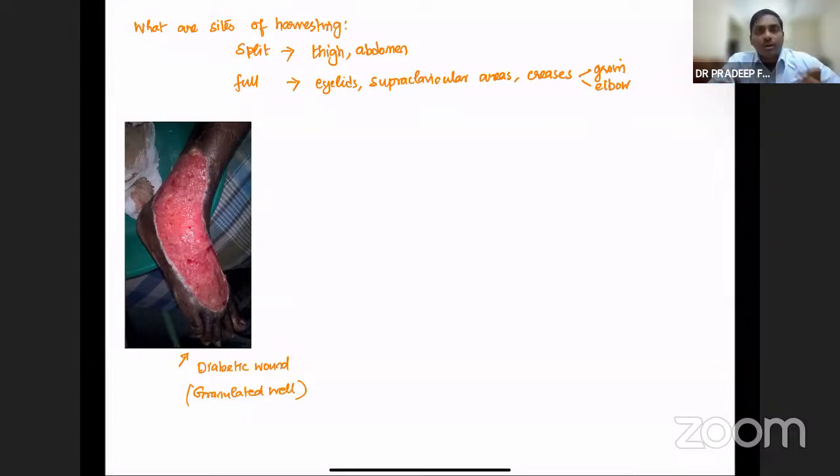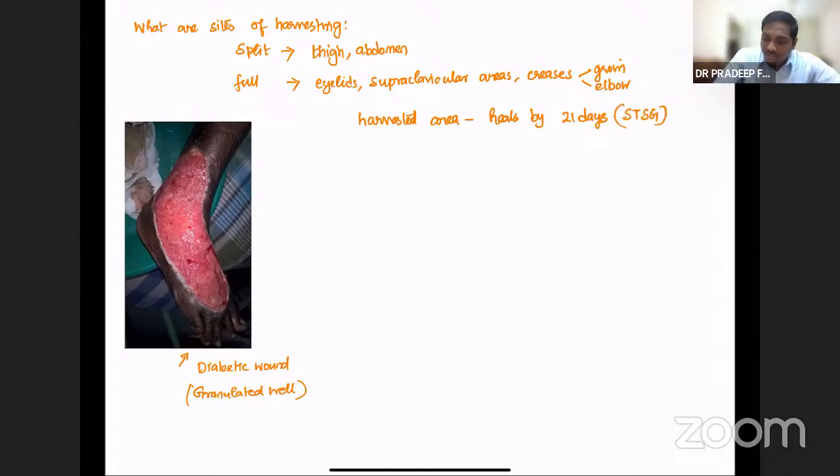Following the harvest of a split thickness skin graft, the donor area need not be closed, because we are only harvesting a part of the dermis. The remaining dermis will have the regenerating epidermal cells that cause closure of the area. So the harvested area heals by 21 days in the case of split thickness skin graft, STSG.